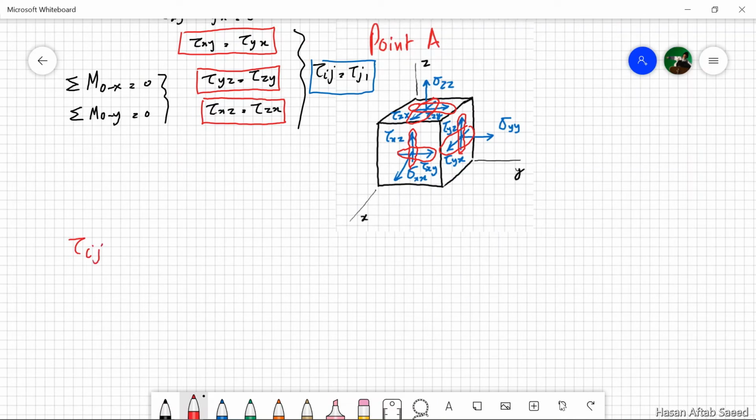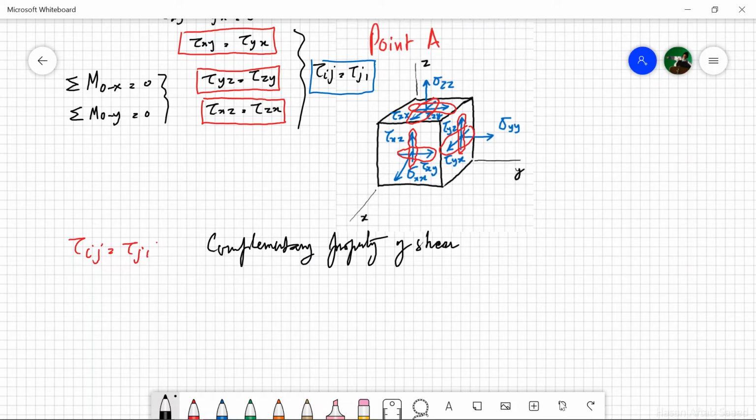Now, this property of the stress tensor is called the complementary property of shear. It is not an intuitive property. We have only figured it out mathematically from equilibrium considerations. But now that we know it, we will make extensive use of it in our investigations of stresses.